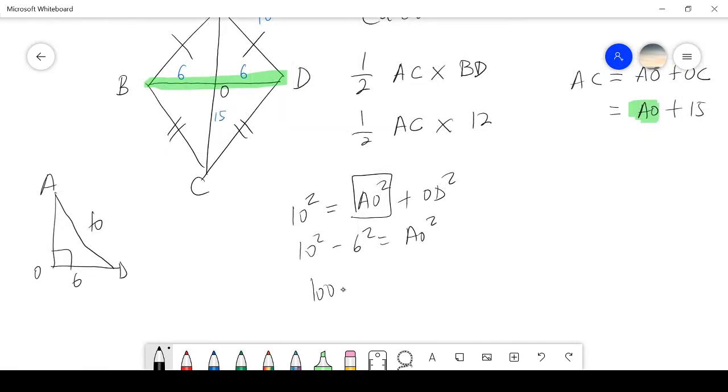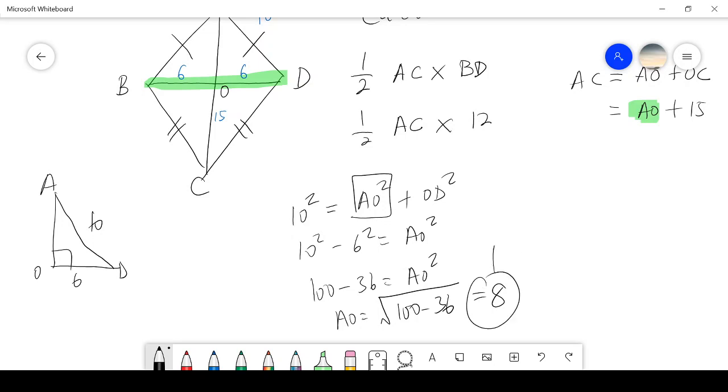We have 100 minus 36 is equal to AO squared. And then AO is equal to the square root of 100 minus 36, which is 8. Now we can take this value, substitute it in there. AC will be 8 plus 15, which is equal to 23.